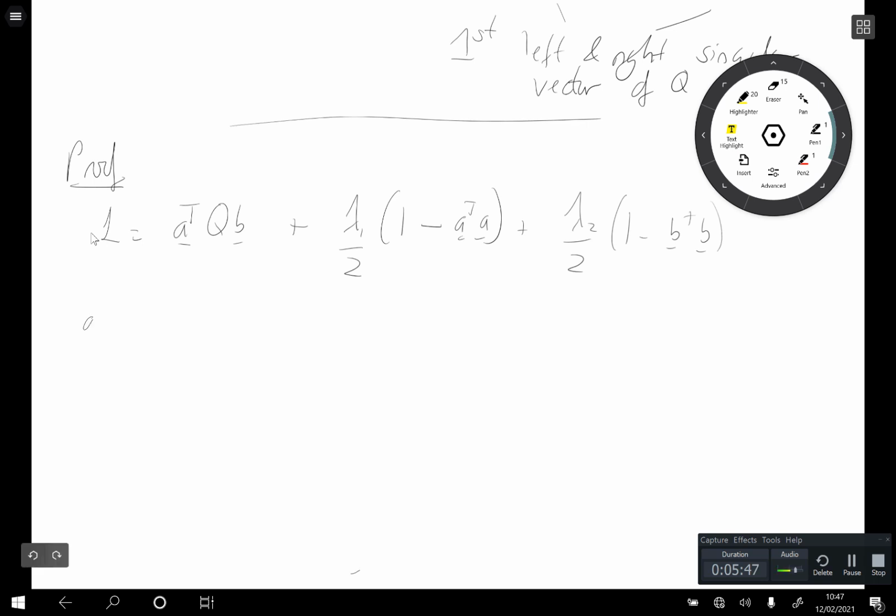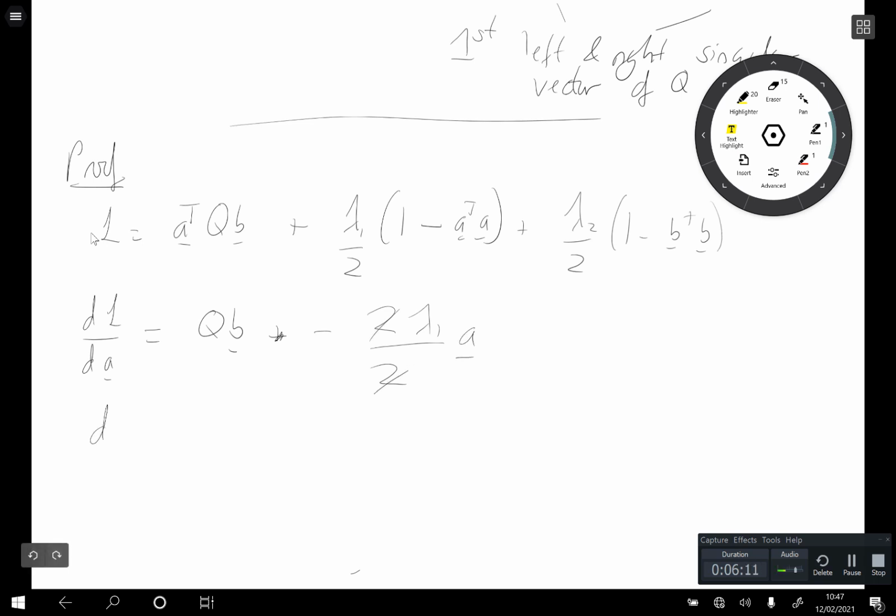So let's differentiate with respect to everything we're interested in. The derivative with respect to A is going to be QB minus lambda 1 A, since the 2 cancels.